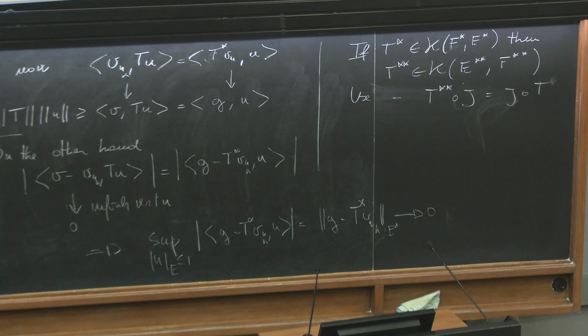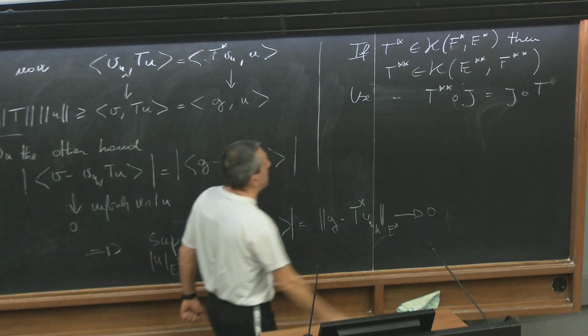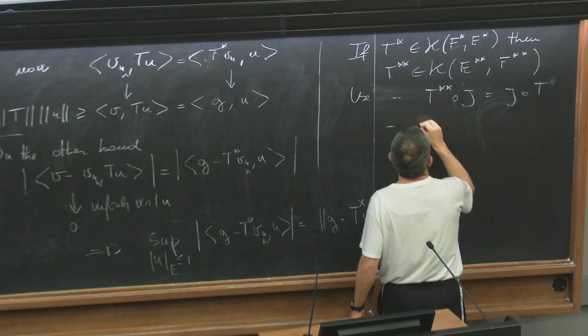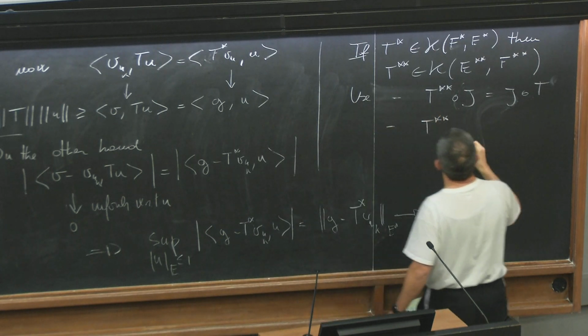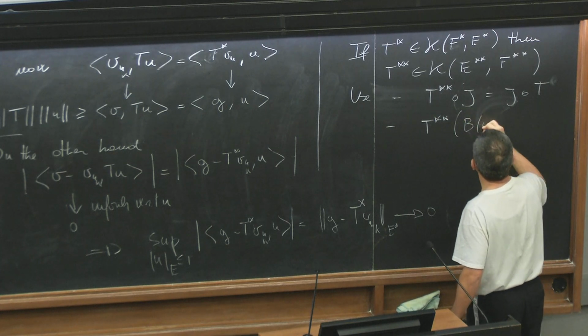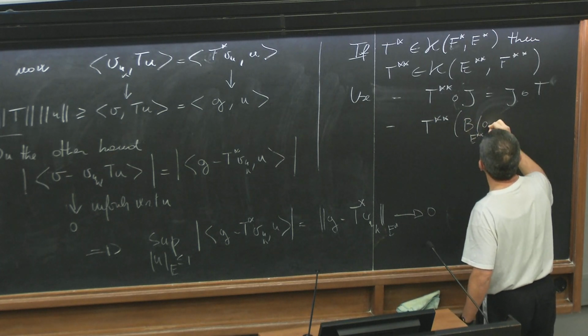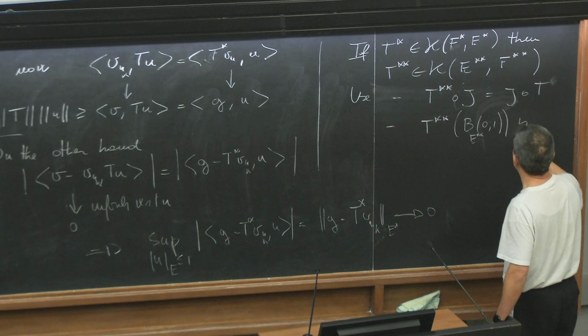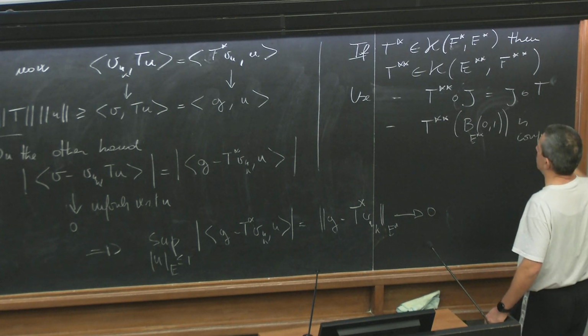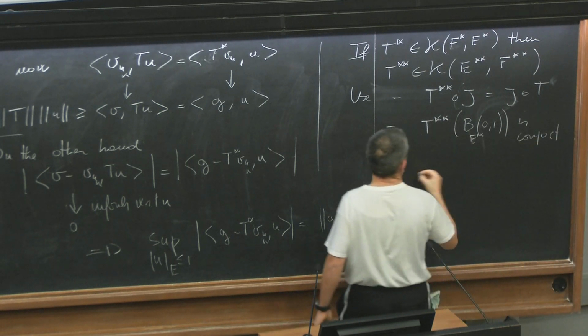So T**, now you get T**, and then you use J, and then you pass it back. And the other fact is that T** of the ball is compact. So if you sum, you get that T** is compact.